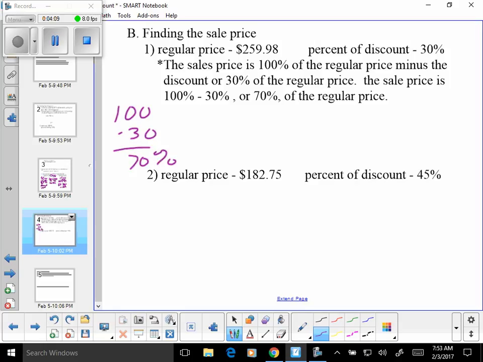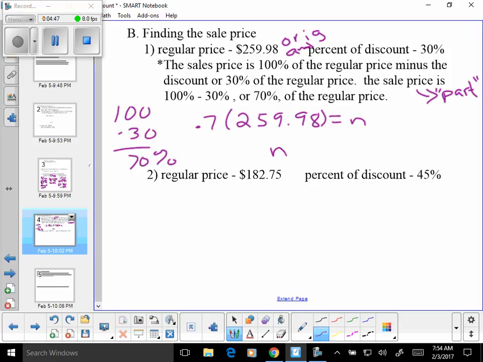Now, this is where I go back to the whole, where the percent as a decimal or fraction times the whole equals the part. But it gets a little trickier because the regular price becomes the original amount again. That's an original amount. So this time, I am going to take 0.7 times the 259.98 to equal n. The sale price is actually going to be a part, because it's part of the real price.